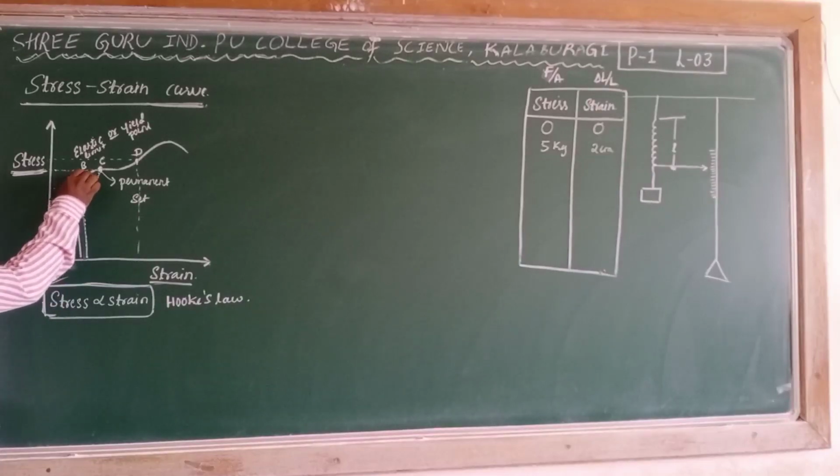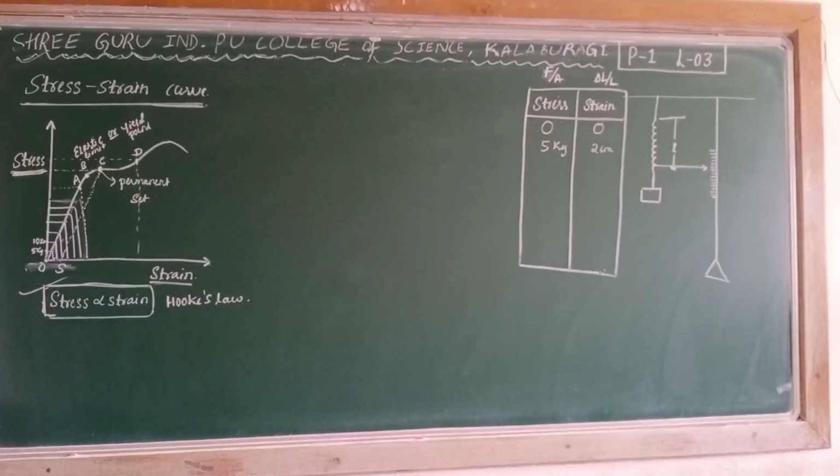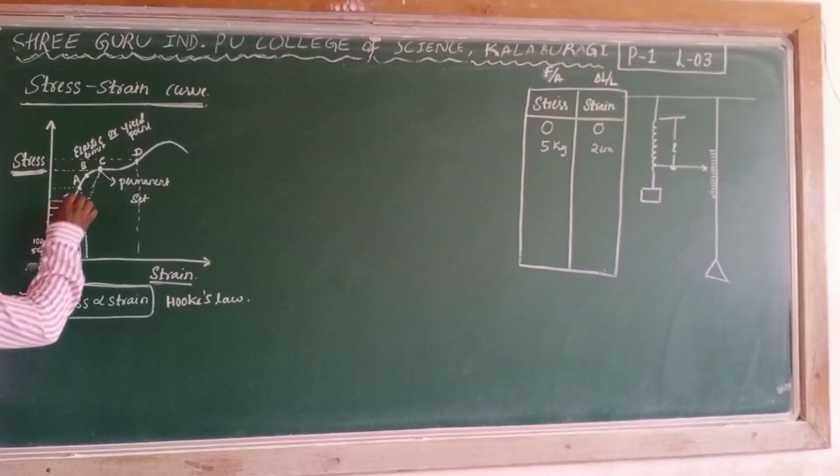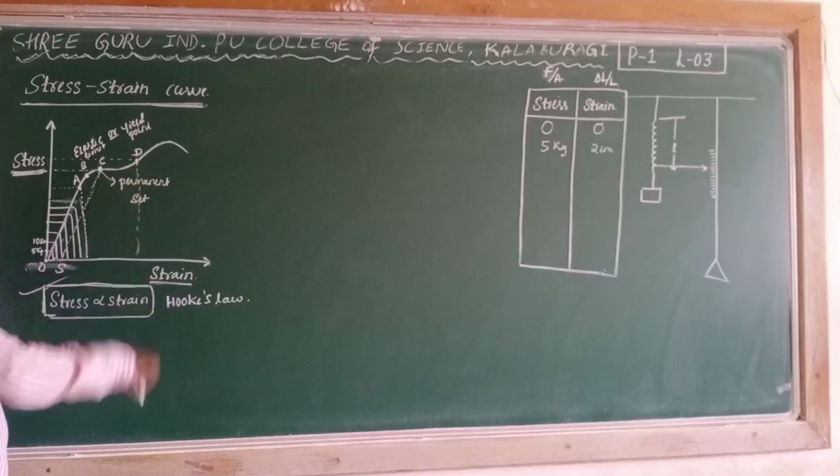Initially, up to this point it is elasticity, and now it is plasticity. After the conversion from elasticity to plasticity, we apply a very large stress, which is going to break the material. A very small breaking stress means brittle materials. When a very large stress is acting on the body, we call these types of materials ductile materials.